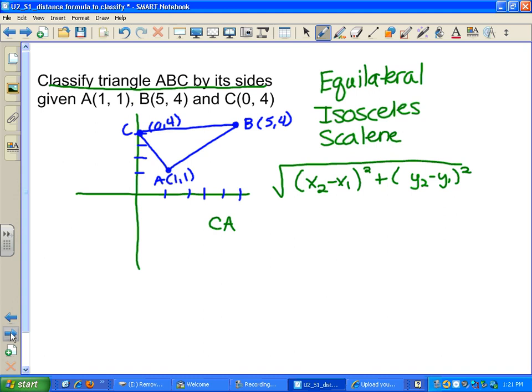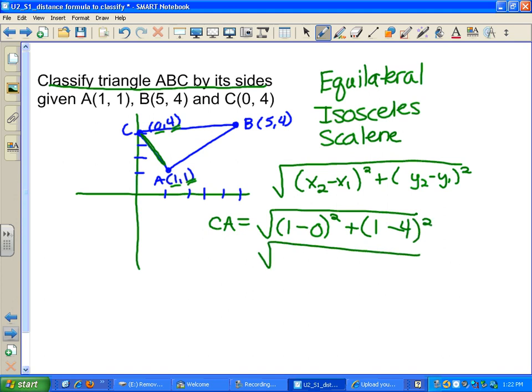So plugging in these values, for the distance CA, I'm going to take 1 minus 0 and square it, plus 1 minus 4 and square it. So I get the square root. Well, 1 minus 0 is 1, squared is 1, plus 1 minus 4 is negative 3 squared, which means 1 squared is 1, plus 3 squared is 9, so I get the square root of 10. So side AC is the square root of 10.